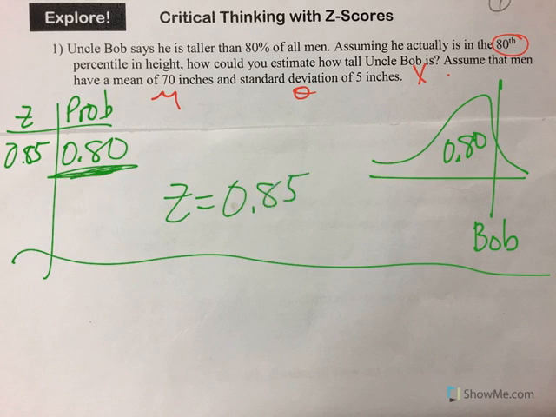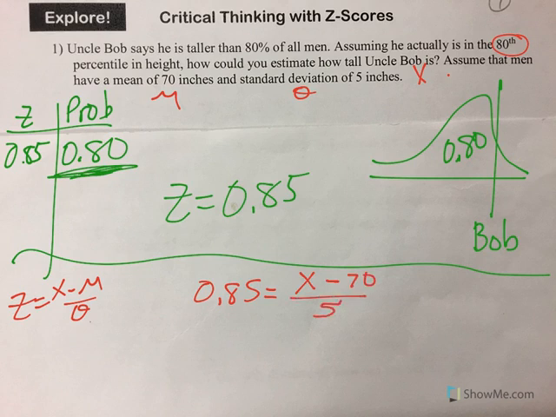So now I can use my formula. z equals x minus mu over sigma. So the z-score equals the value that I'm trying to find minus the mean, over the standard deviation. If we solve this, I multiply both sides by 5 to cancel these out. So that gives me x minus 70 equals 4.25.